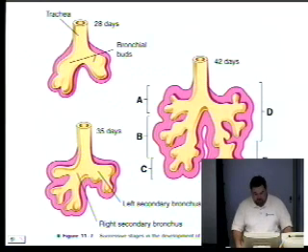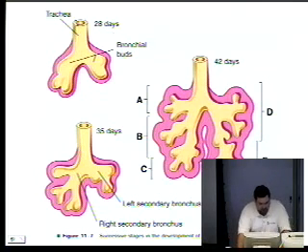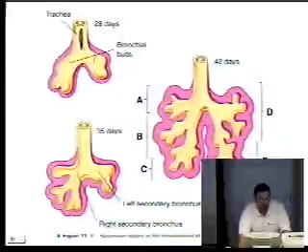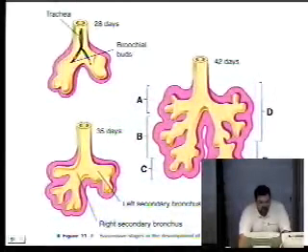Okay, so here we have a figure from the text, figure 11.7, and that just shows some of the different stages of the bronchial development. And so here at 28 days, we have the trachea. This is kind of your zero order branching, and then you have your one branching, and so these are your primary bronchial buds.